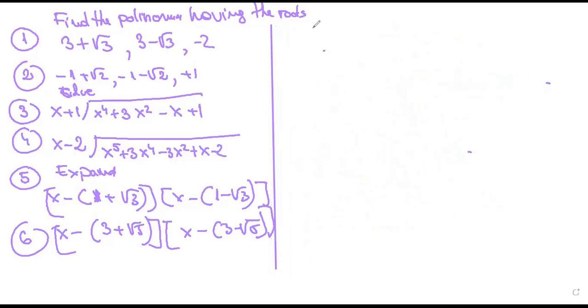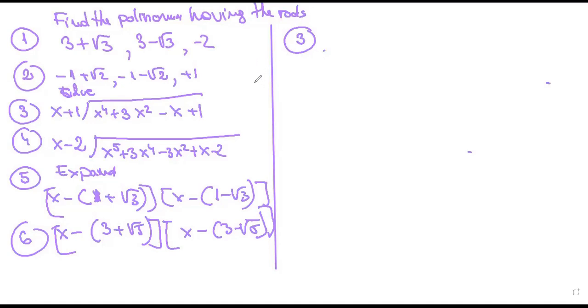Okay, so 3. We have to pay attention to the problem. We don't have x to the power of 3. Can you see that? So we are going to leave a space there, or write 0 times x to the power of 3, because when we bring down, we want to bring down that position also.